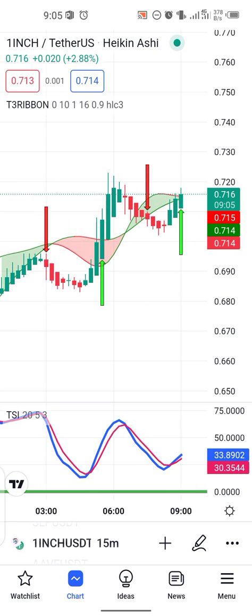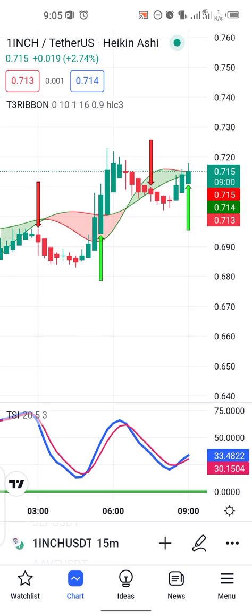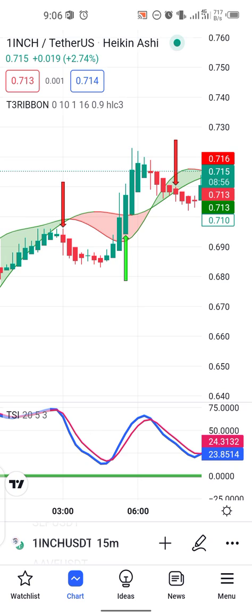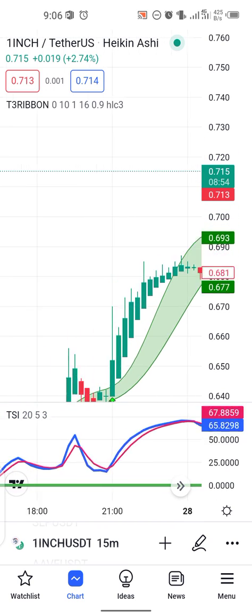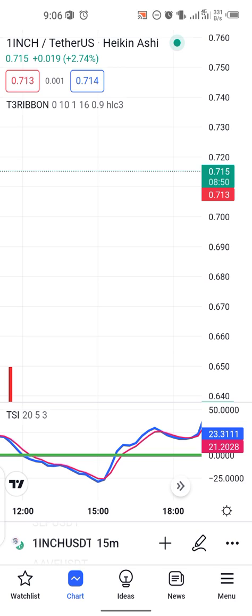We talked about these two indicators, and basically we said that for the true strength indicator, once it crosses the line like here and gets above the line, it means there is high volatility and high price.